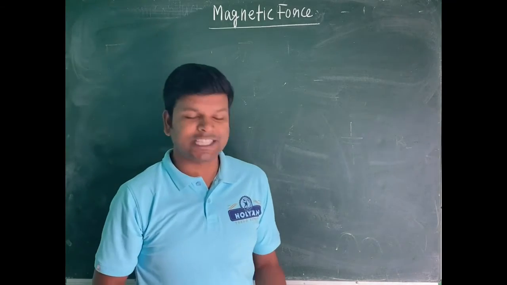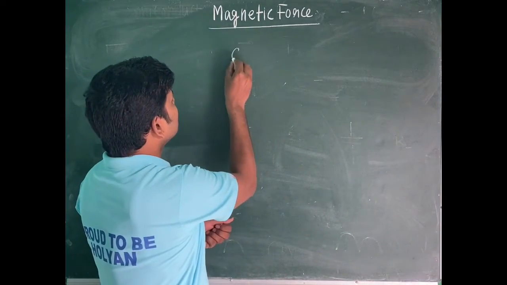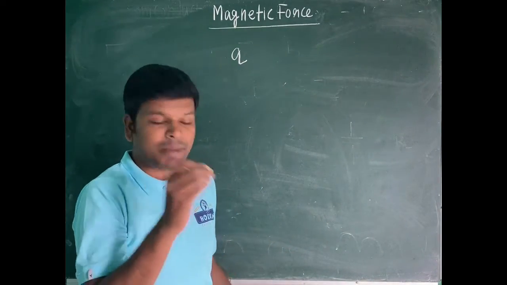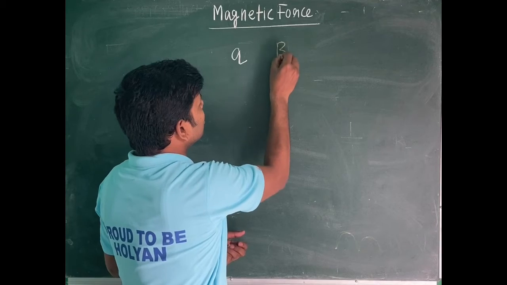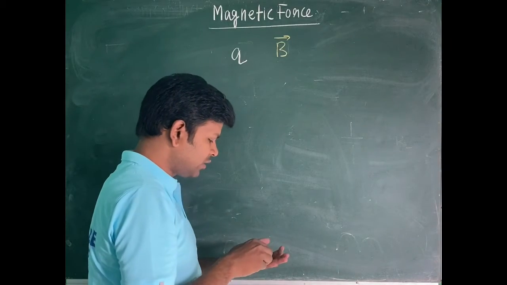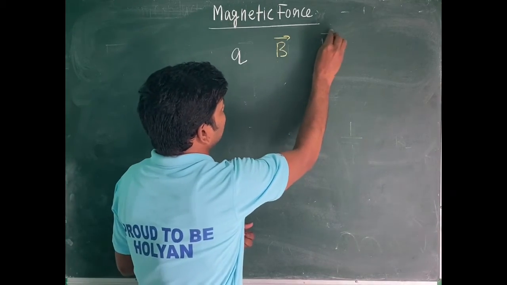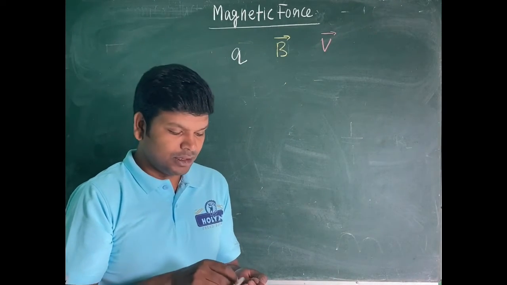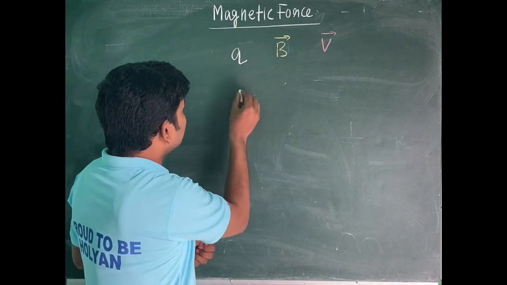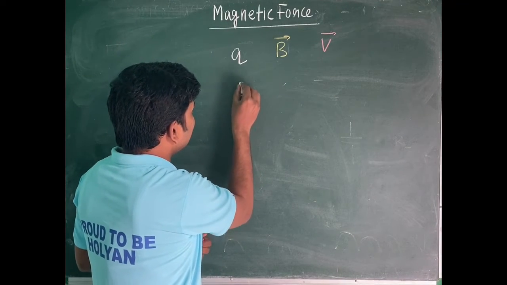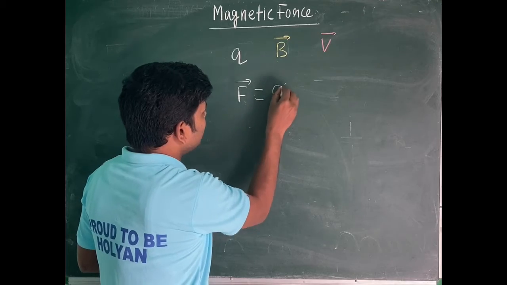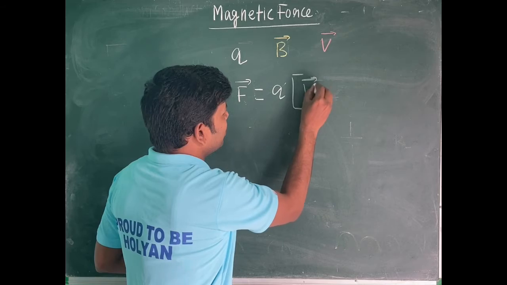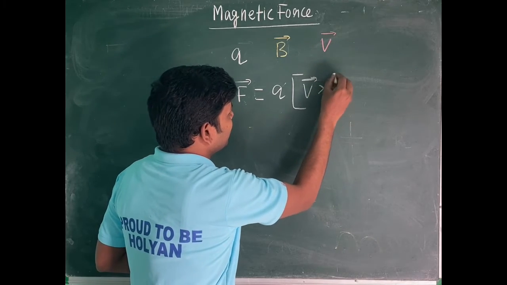If we have a charged particle, whose magnitude of charge is Q, moving in a magnetic field B with some velocity V vector, then this charged particle will experience a force. The equation of that force is given by F is equal to Q, the magnitude of charge, multiplied with the cross product of velocity with magnetic field.